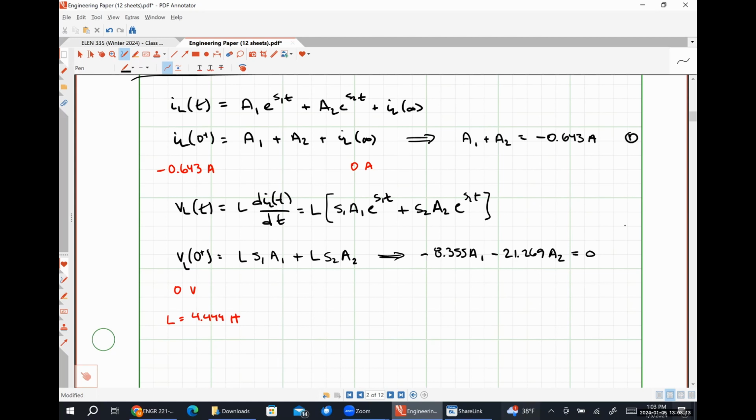So here's our first equation, here's our second equation. So now let's solve for this new A1 and A2.